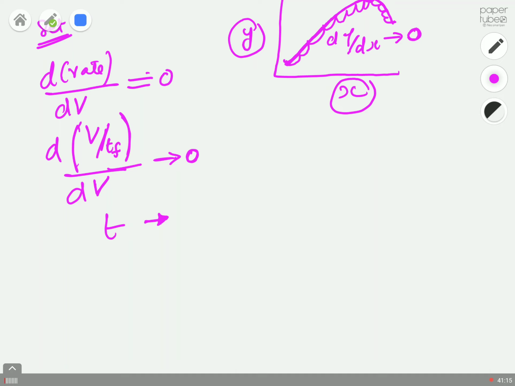Yeah, it's very difficult to explain this. So how to do that? This is the time that we are going to calculate when our filtration rate is set to maximum.